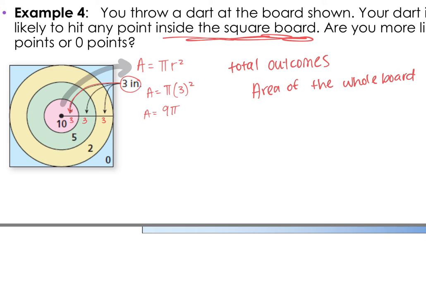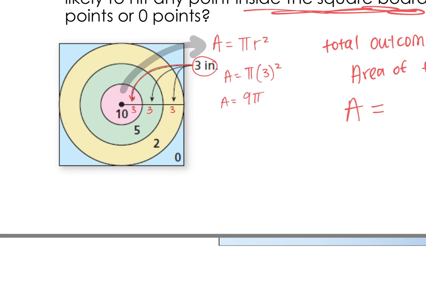So how do we find the area of this whole board? Christian? So what shape is the board? Oh, you mean the square? The entire thing, yeah. It's actually a square, you're right. Double the radius.